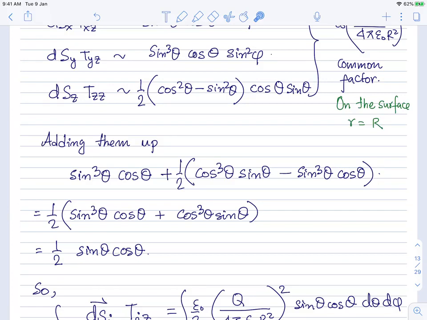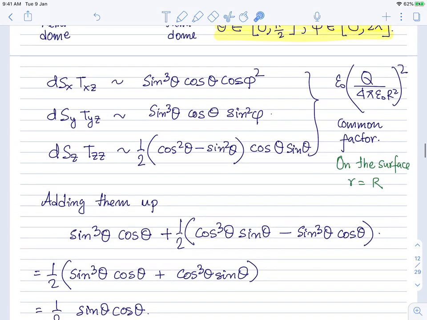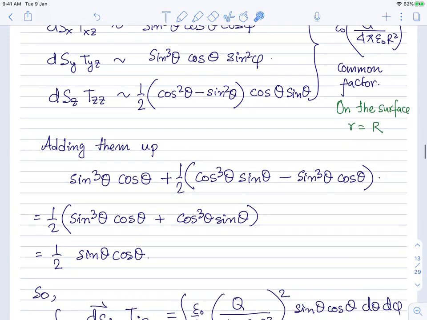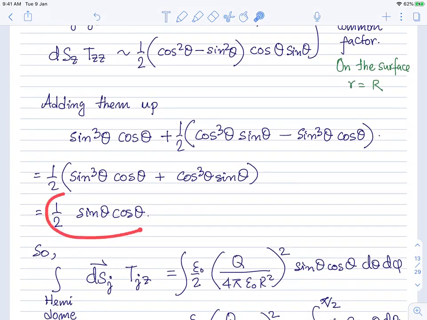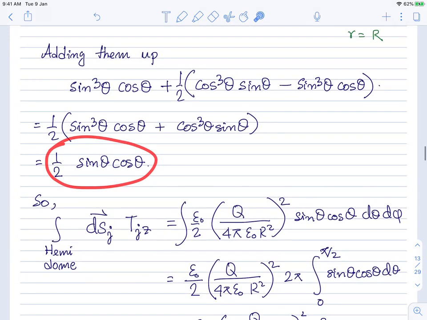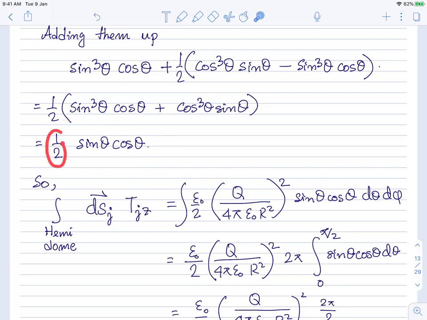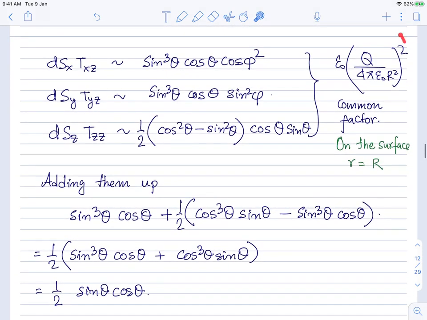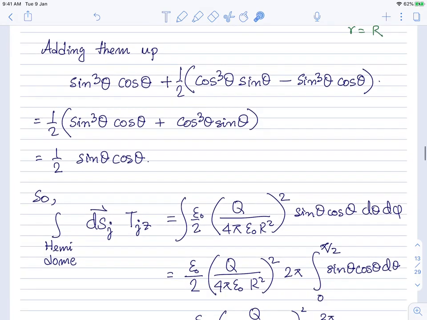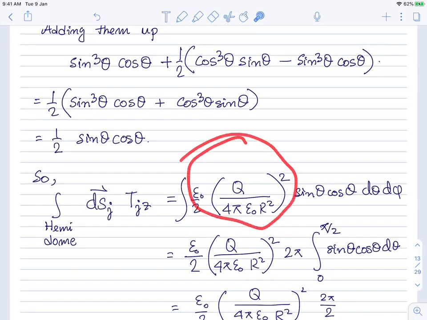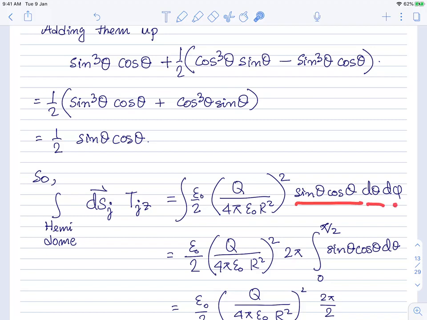If you add this and this, cos square phi and sine square phi add and give you 1, so the phi dependence is just gone. We are left with the theta dependence, which also simplifies to this simple form. So take this factor of half and put it in here, along with the right factor, and then sine theta cos theta d theta d phi.